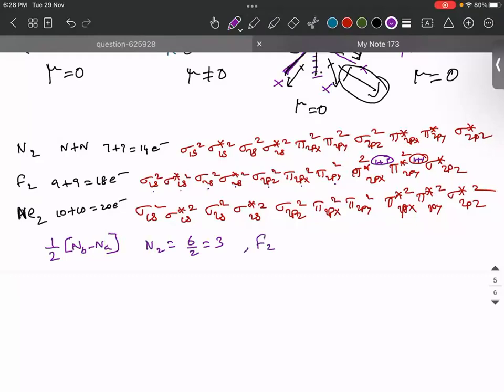For F2, the bond order is 2 by 2, which is equal to 1. Then Ne2 is 0. That's all. So the bond order is 3, that's why it's a triple bond. The bond order is 1, that's why a single bond. The bond order is 0, that's why no bond. Next question.